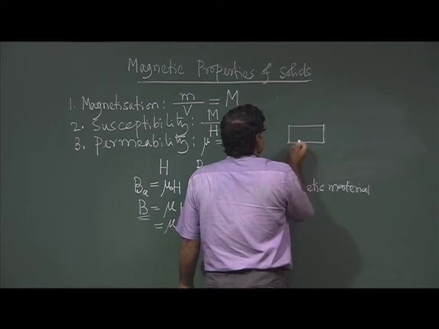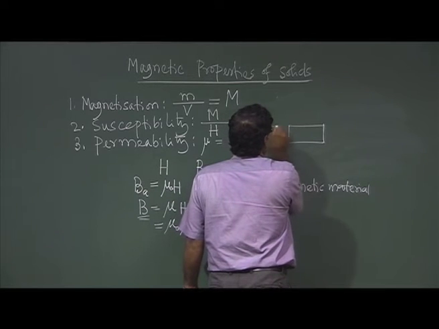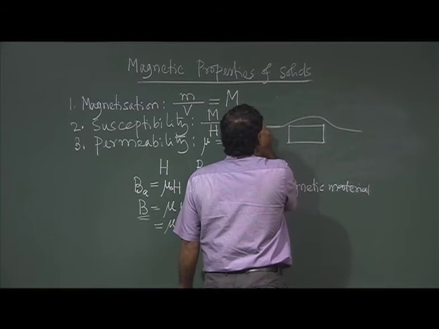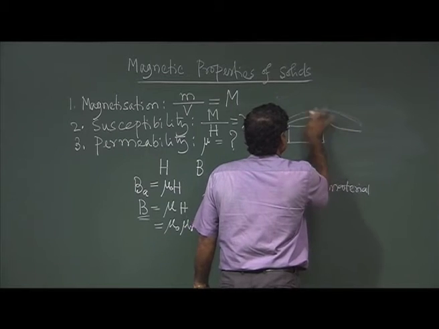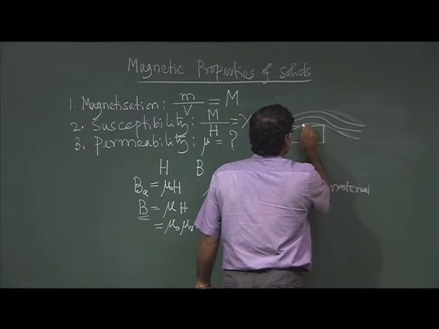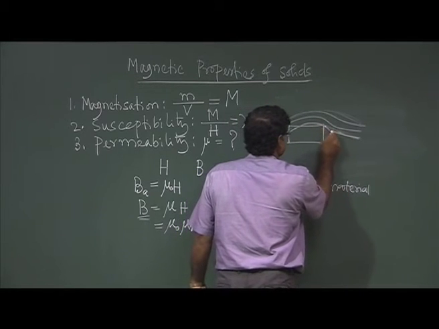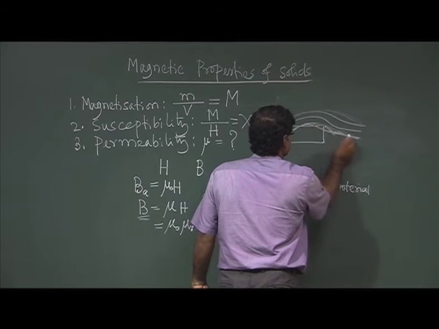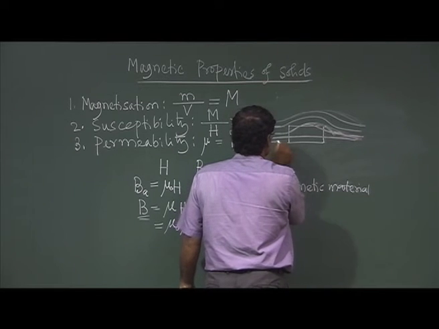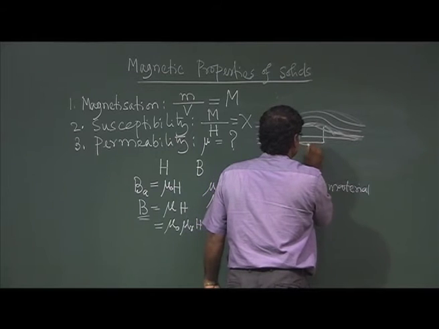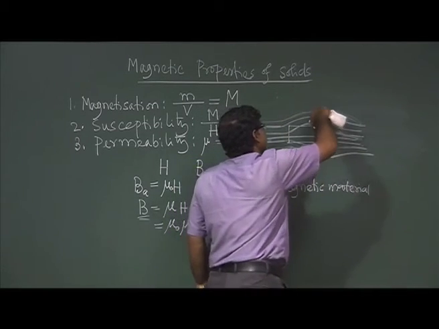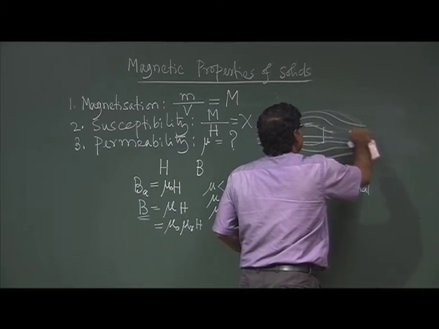So lines of force, whatever its external magnetic field, so as if there is a repulsion, okay, there is a repulsion.